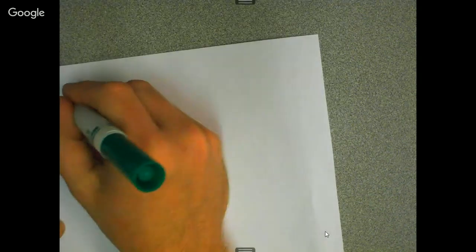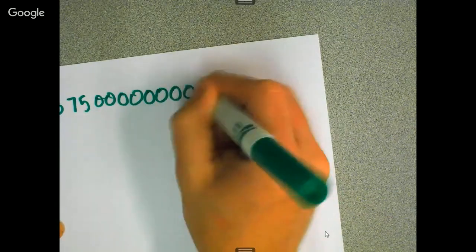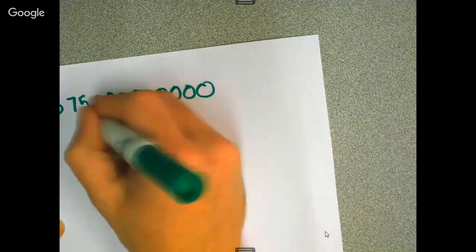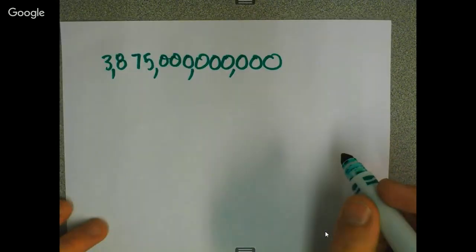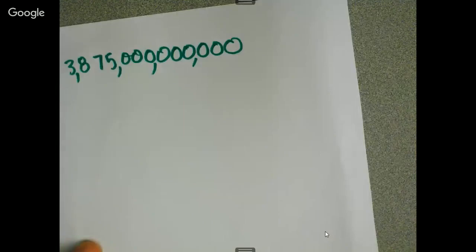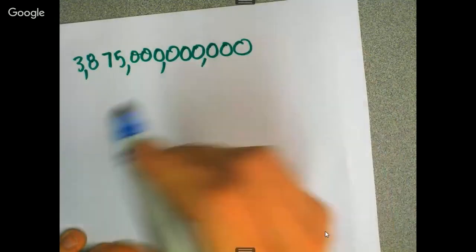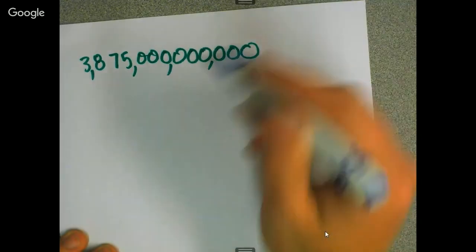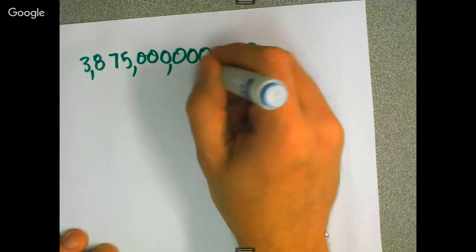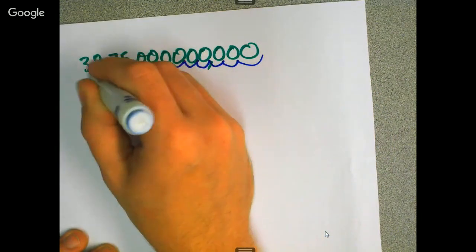So if I have this number, okay, in order to write that in scientific notation, I will move my decimal place until I get a number between 0 and 10, less than 10. So 1, 2, 3, 4, 5, 6, 7, 8, 9, 10, 11, 12 spots.